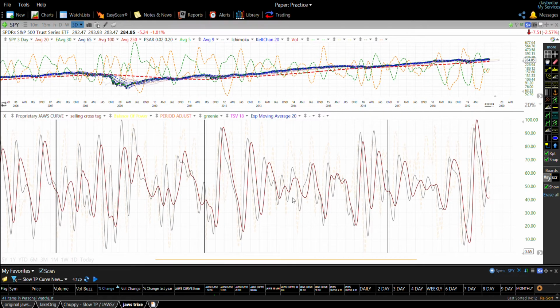So in this case, we've got the gray curve coming down, we've got the red curve coming up. We don't have that in this position, but we do have it in this position. So this would better identify the actual placement of the current situation within the macro cycle. So we have that moment matching.